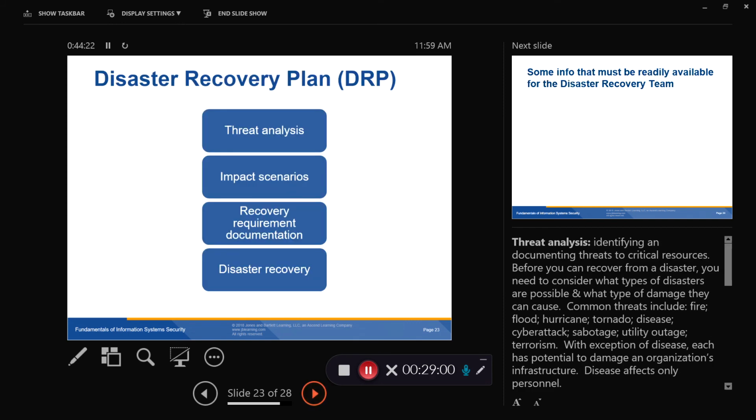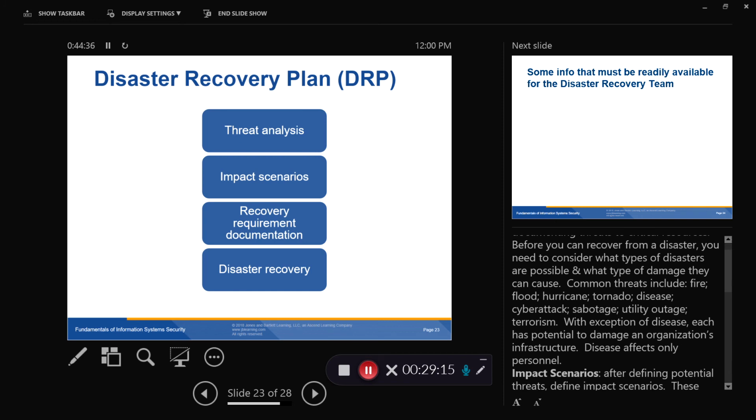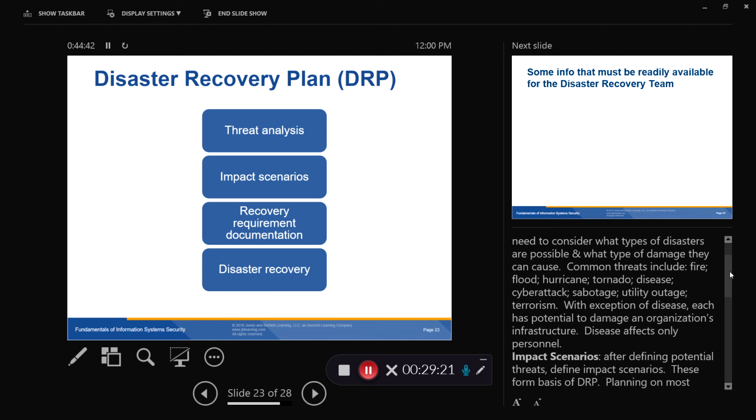Now, a disaster recovery plan includes threat analysis, various impact scenarios, recovery requirement documentation, and disaster recovery itself. Threat analysis is identifying and documenting threats to critical resources. Before you can recover from a disaster, you need to consider what types of disasters are possible and what type of damage they can cause.